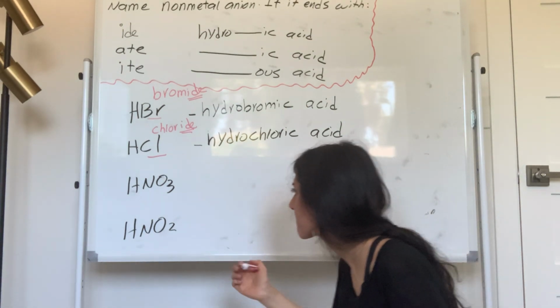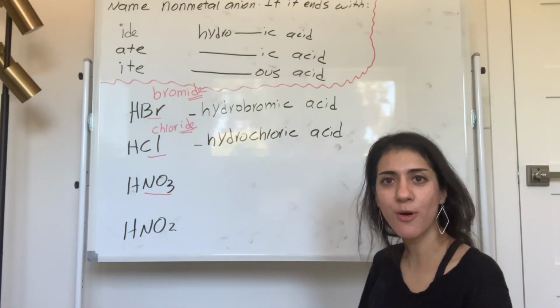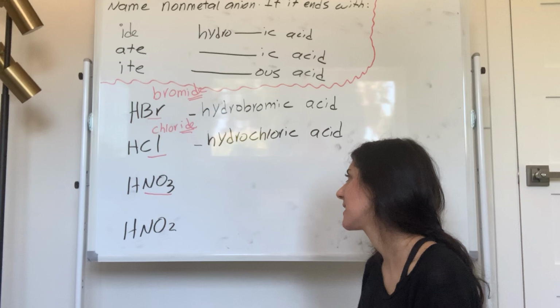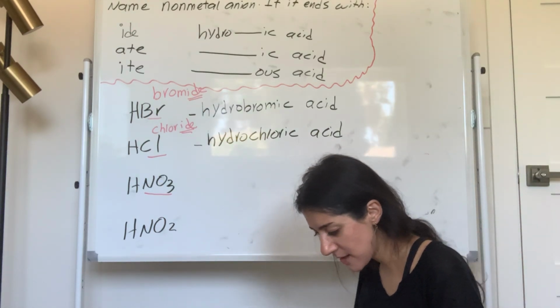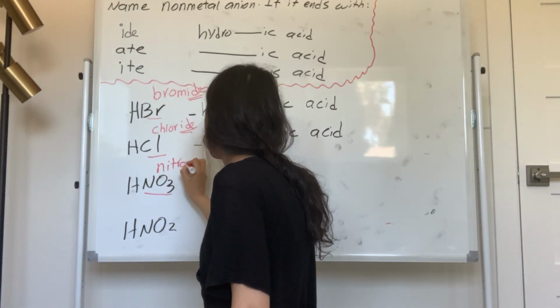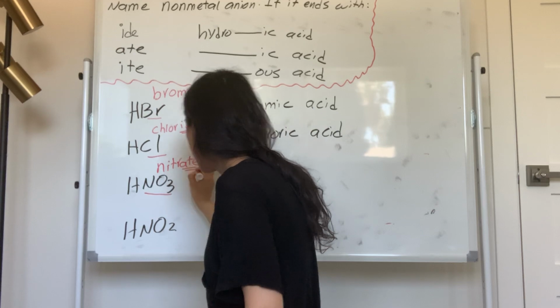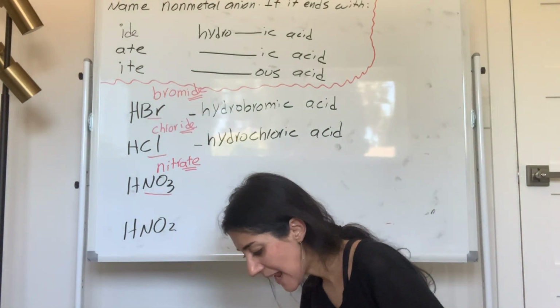HNO3. What is NO3? Hopefully you're shouting right now, that's a polyatomic ion. Yes, it is. What is it? Look at your polyatomic ion chart. NO3 is nitrate. Okay? NO3 is nitrate. So it ends with ate.